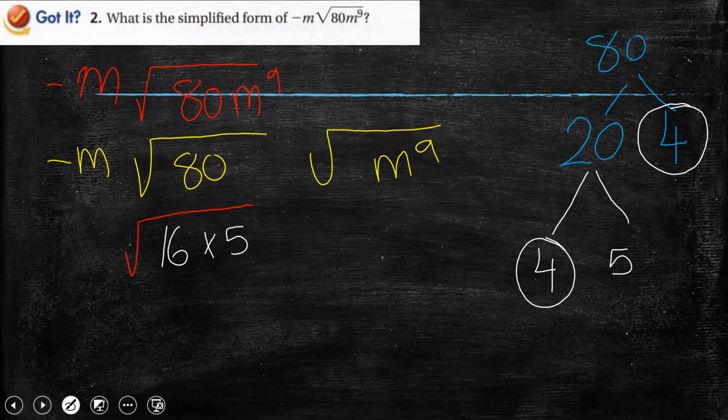If you multiply these two numbers, you get 80. Is it clear? It is a way to think: if you have 20 times 4, how can you make it a perfect square times a prime number?